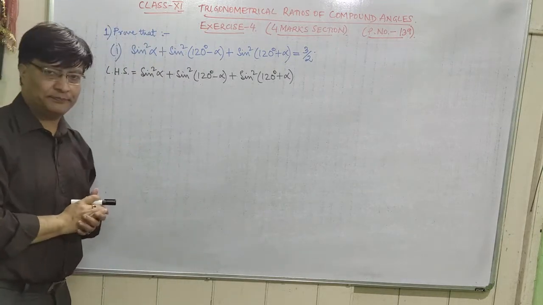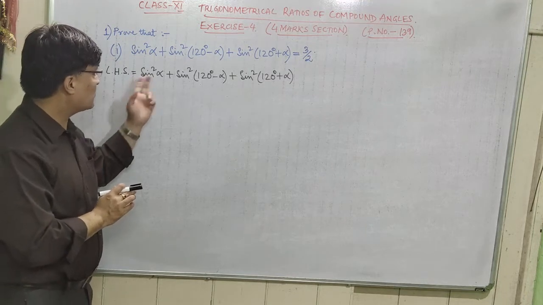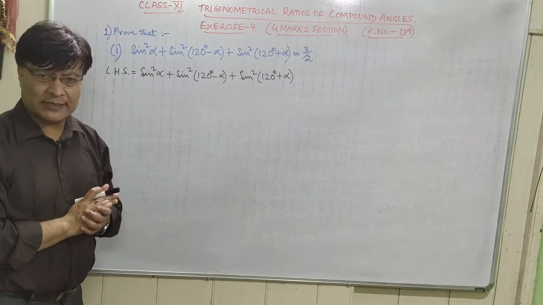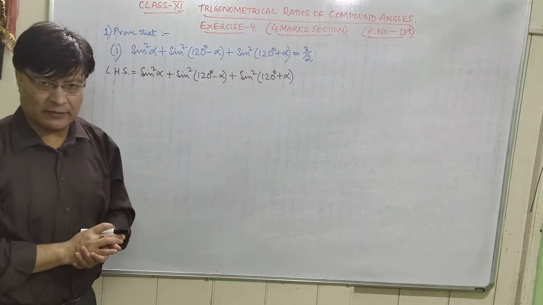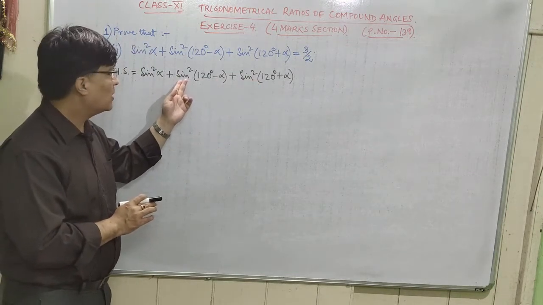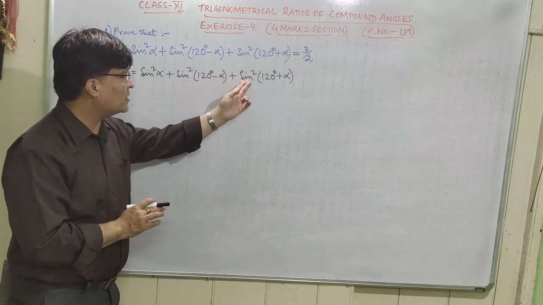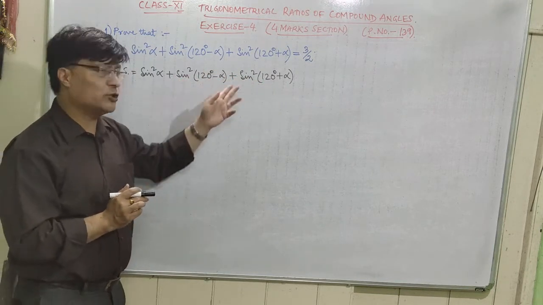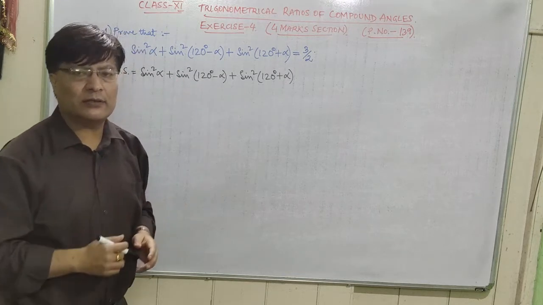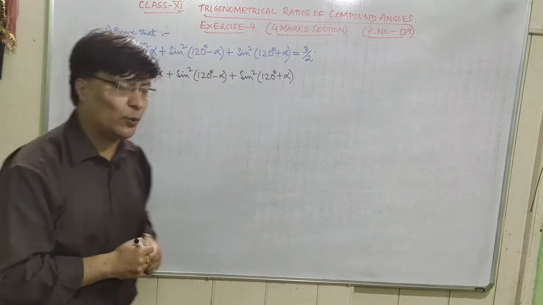So how will you prove it? Now the first term sine square alpha is kept as it is, and the second and the third term should be simplified because it is in the form sine of a minus b and sine of a plus b, but there is also a square. You can write it within whole square. This second term and the third term can be written within whole square.